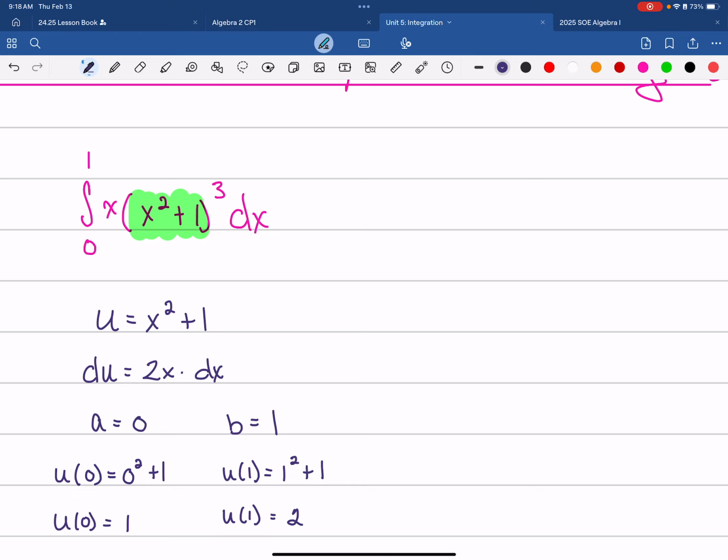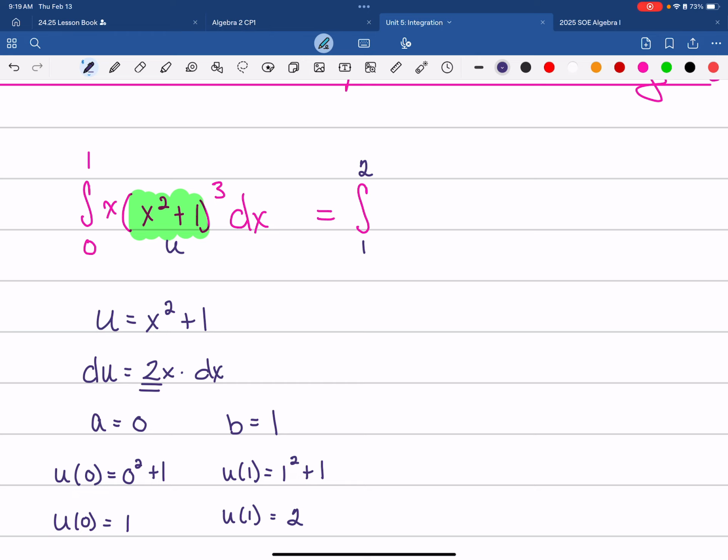So now I'm going to go ahead and rewrite this integration. This equals the integral now from 1 to 2 of, I'm going to go ahead and put u in just like we did before. And notice I have a 2x.